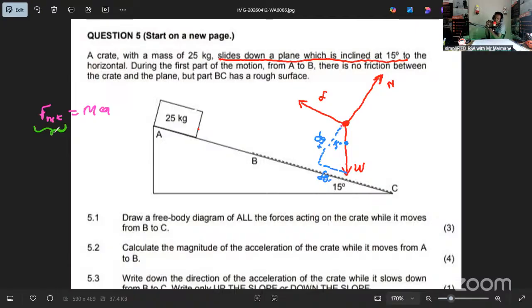And if your diagram is wrong, everything becomes wrong. So in terms of F net, the forces that are supporting the acceleration are already in the horizontal plane, the direction of where that thing is going. So in the direction where that thing is going, what are all the forces that are acting there? Anyone have a suggestion?